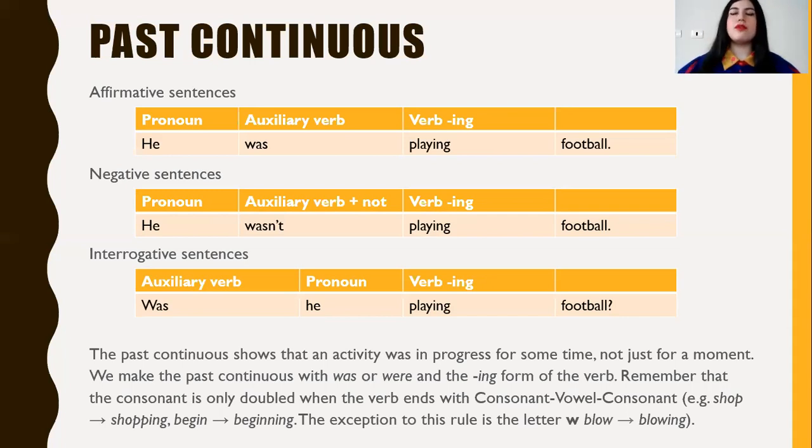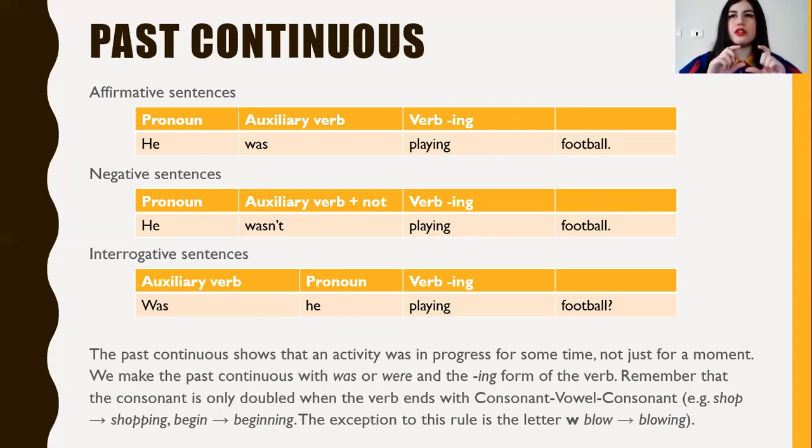And some of you were having trouble with this in the exam, in the midterm exam. Remember that we're going to double the consonant only when we have consonant, vowel, consonant. We're not going to double it, for example, with write. That was a really common mistake, don't worry.